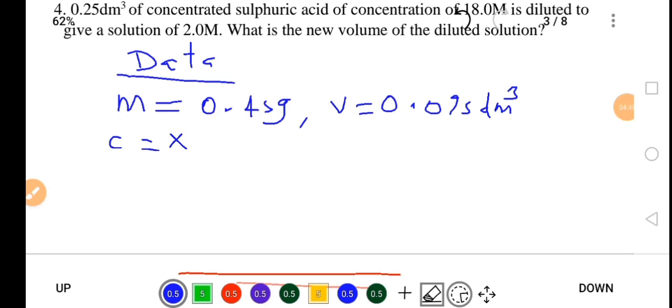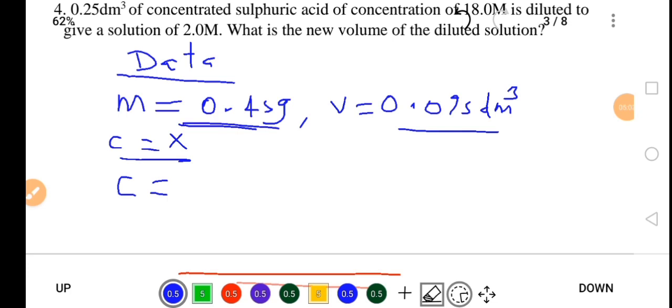Okay, fine, we are going to say concentration. Concentration is affected by mass or number of moles as well as volume. So the volume is given, the concentration is not given, and the mass is given.